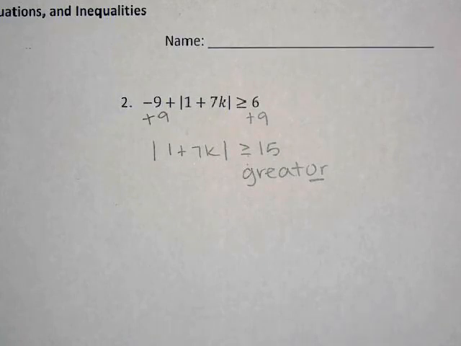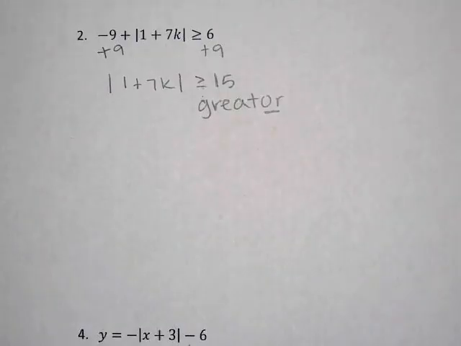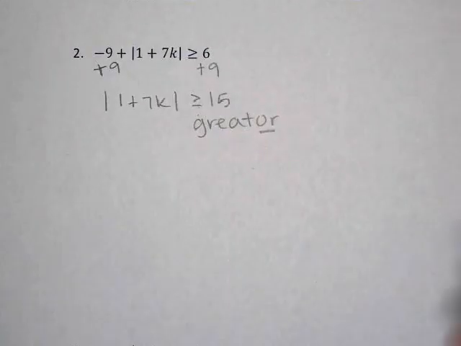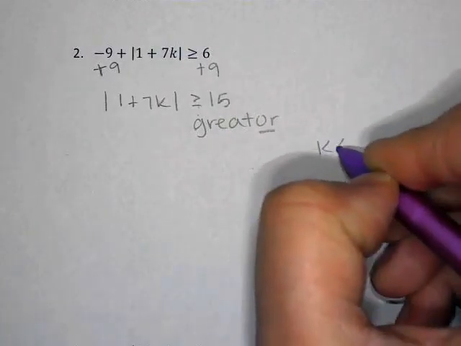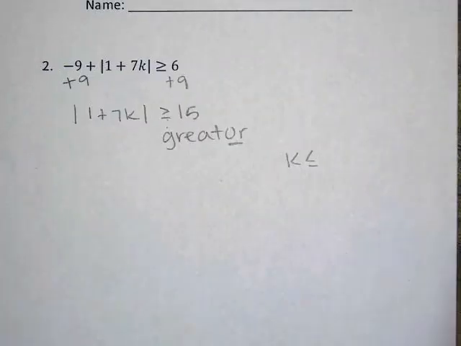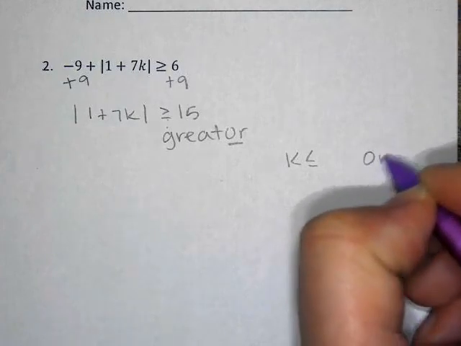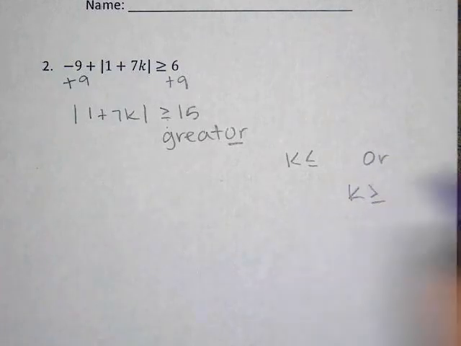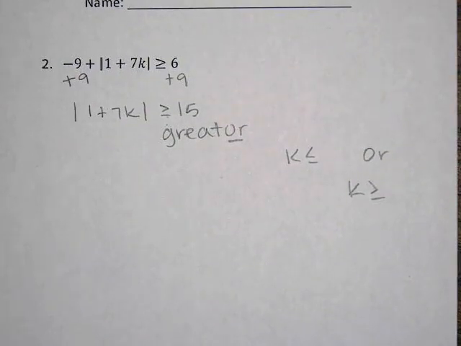Is it a sandwich? No. The arrows go opposite directions, right? One arrow goes to the left, one arrow goes to the right. So I'm going to say k is less than or equal to the smaller number, or k is greater than or equal to the bigger number. That's what our answers are going to look like. They're going to go opposite directions.